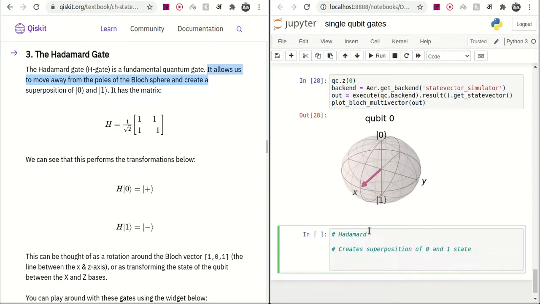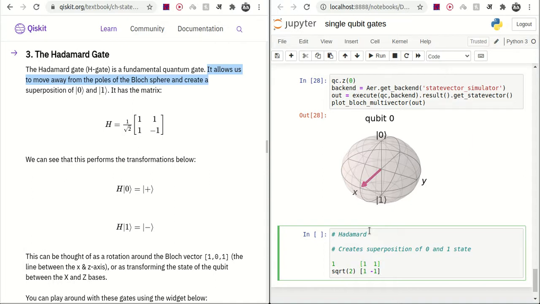We can also derive its matrix: 1 1 1 minus 1, all multiplied by 1 over square root of 2. This is the Hadamard gate.